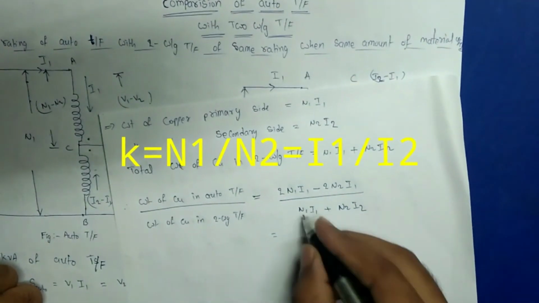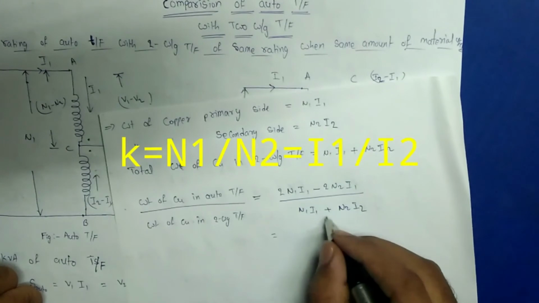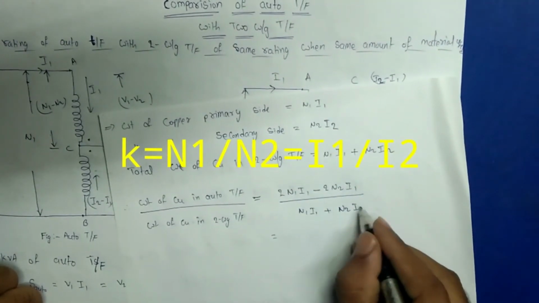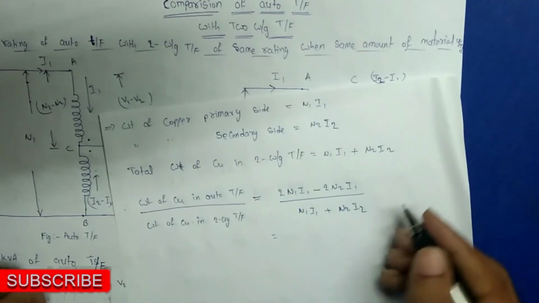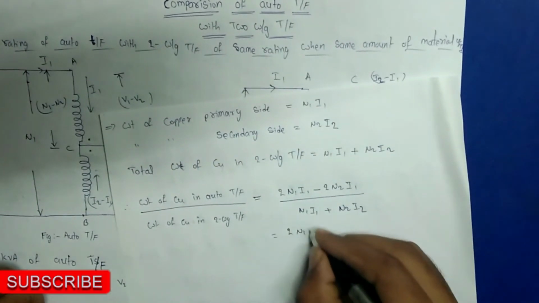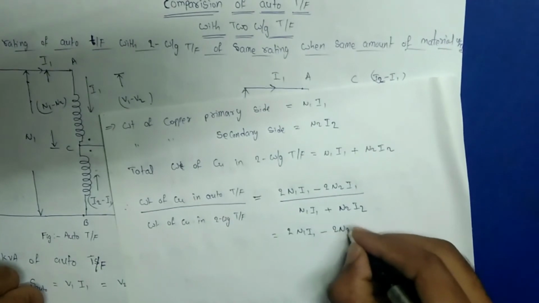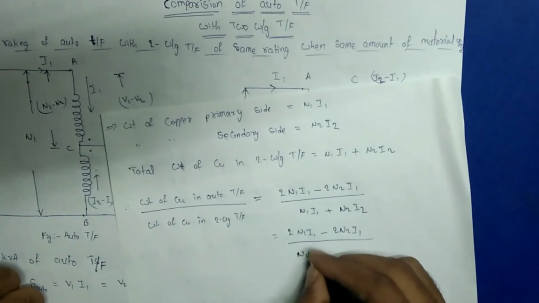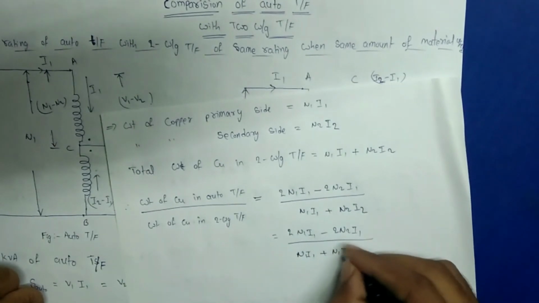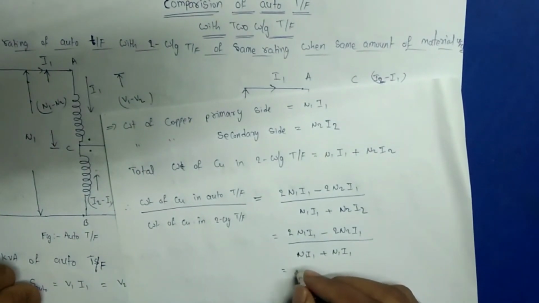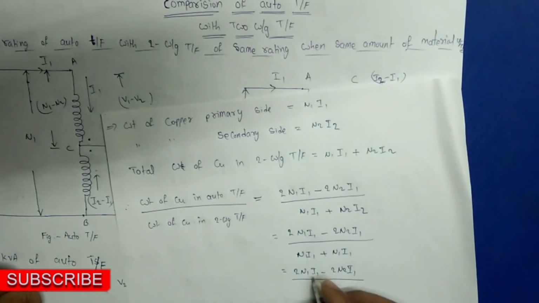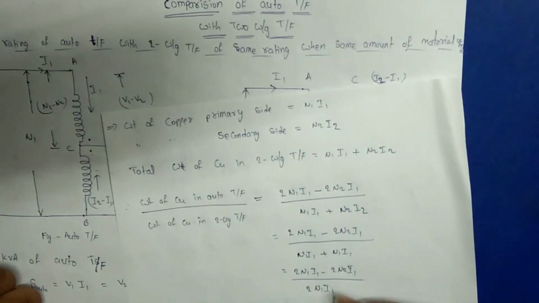By transformation ratio we can replace N2 I2 with N1 I1. 2 N1 I1 minus 2 N2 I1 by N1 I1 plus N1 I1, then 2 N1 I1 minus 2 N2 I1 by 2 N1 I1.